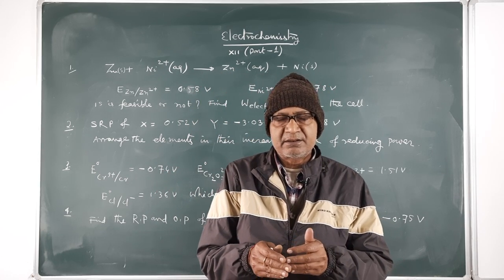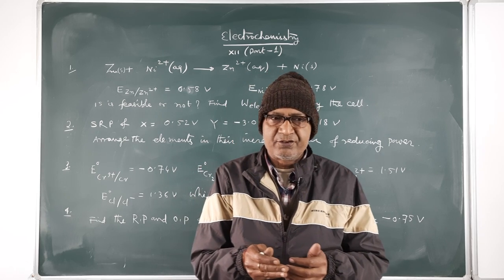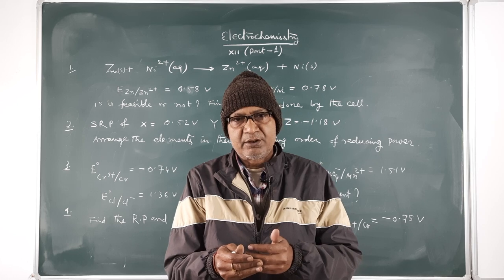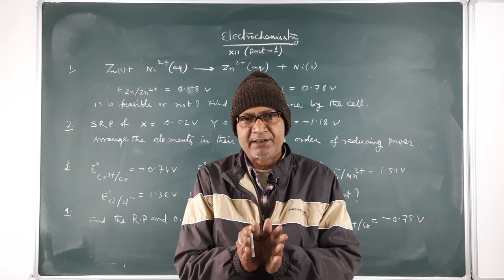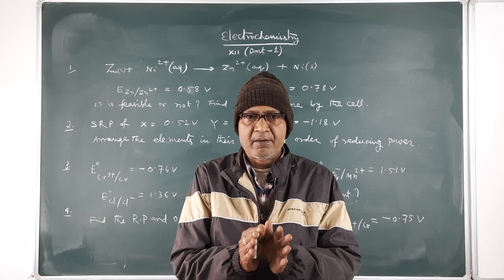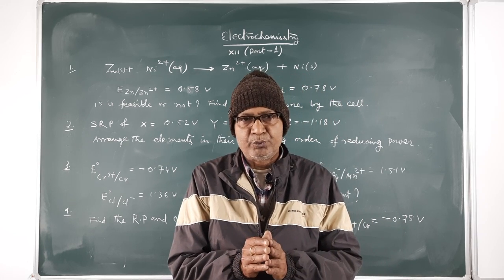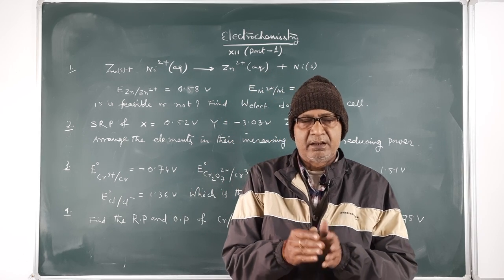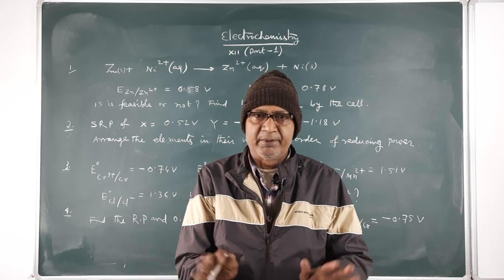Daniel cells, voltaic cells, galvanic cells, generally boys get confused. These are all the same things. What is a Daniel cell? That design is known as Daniel cell, and it is a voltaic cell or galvanic cell when the cell is working under standard condition. So there is no other difference.